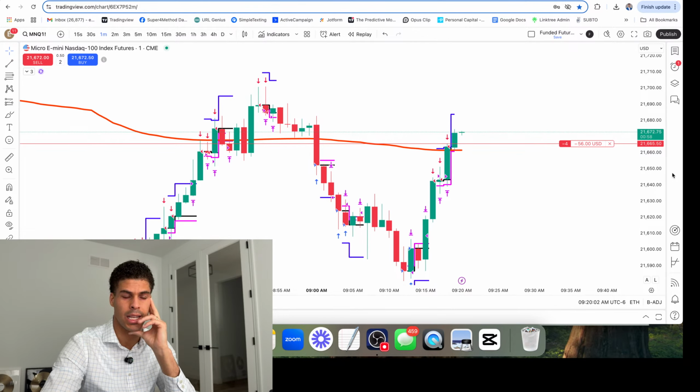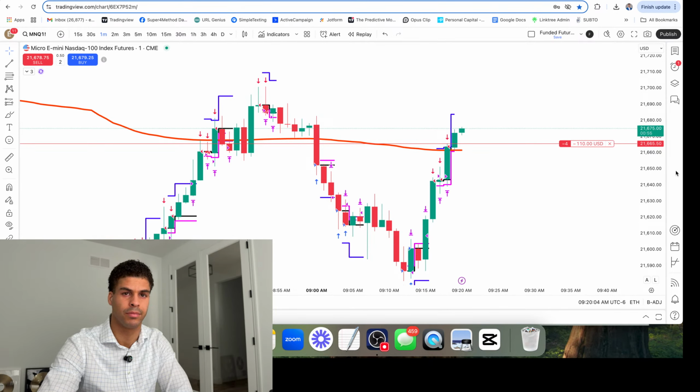Okay, stop is at the top of that blue line right there. Looks like we might get that one hit. Let's see.